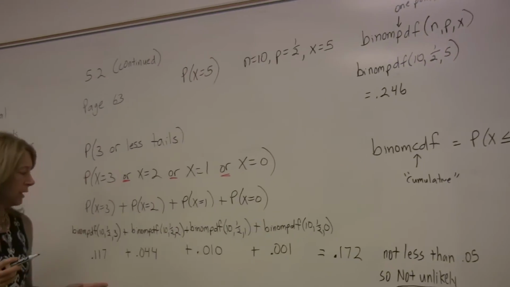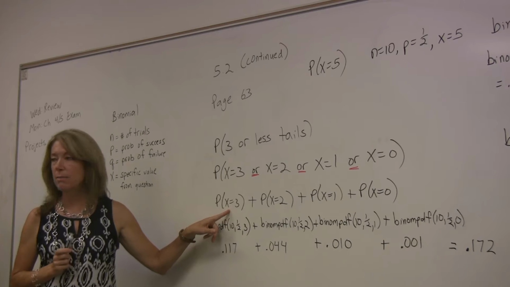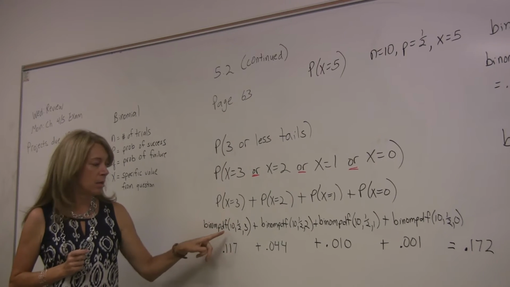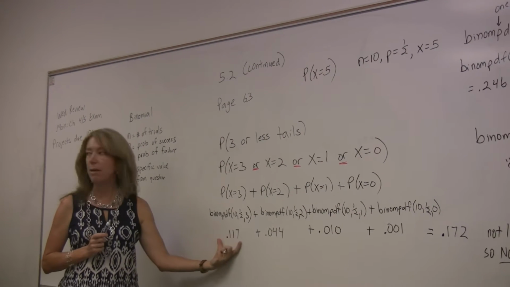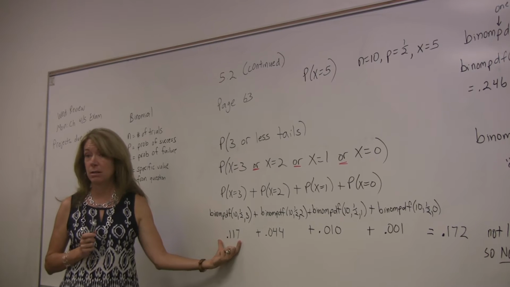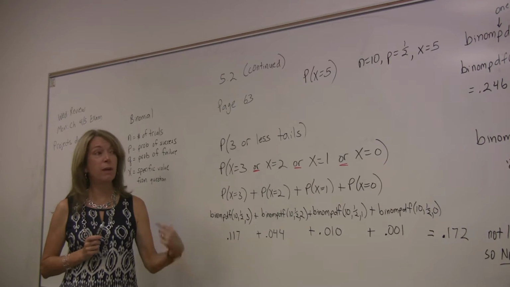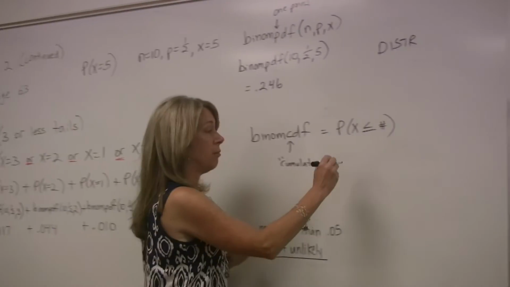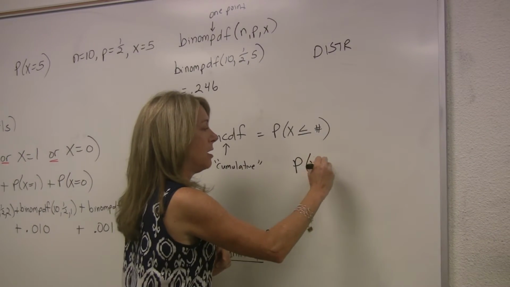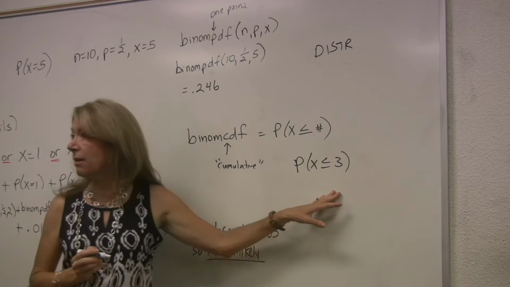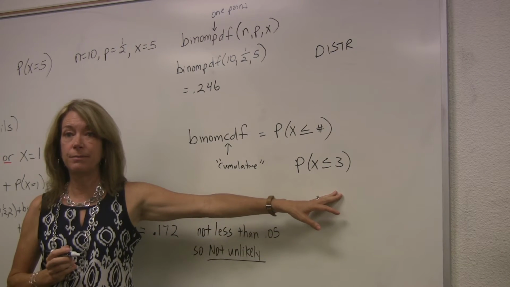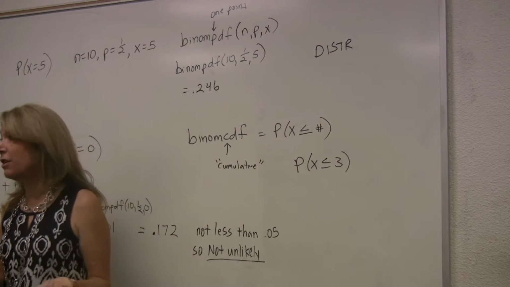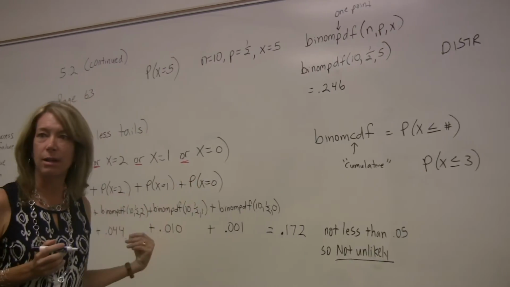Look at the subtle difference. When we wanted it to be exactly 3, we did binomial PDF. This is the probability of exactly 3 tails. But if we want 3 or less, we're really saying, in this particular problem, the same problem we just did, do you agree this is the problem we were just looking at? 3 or less? Now that I'm teaching this, you're going to say, why do we do it the long way?